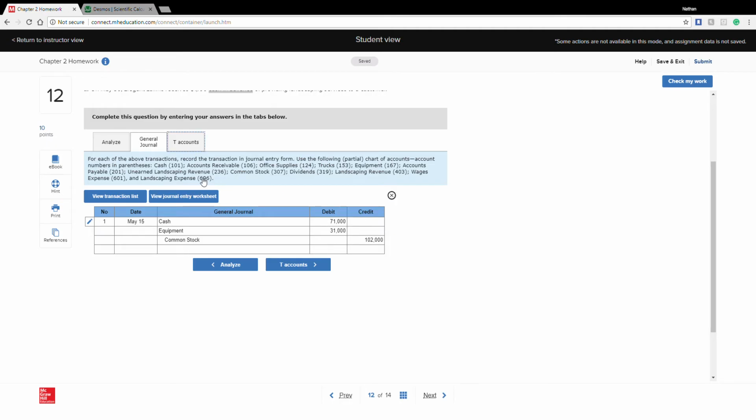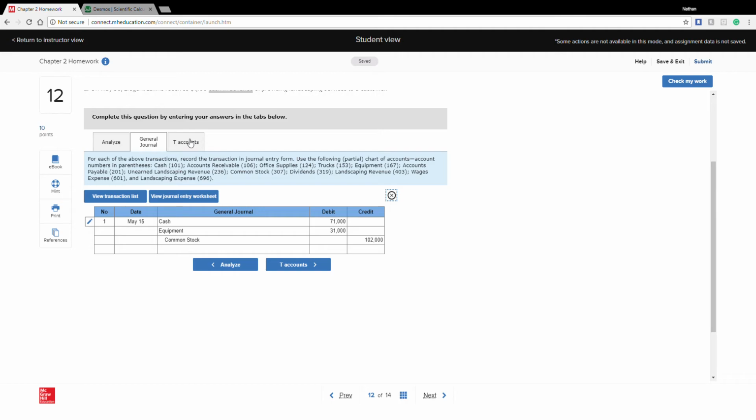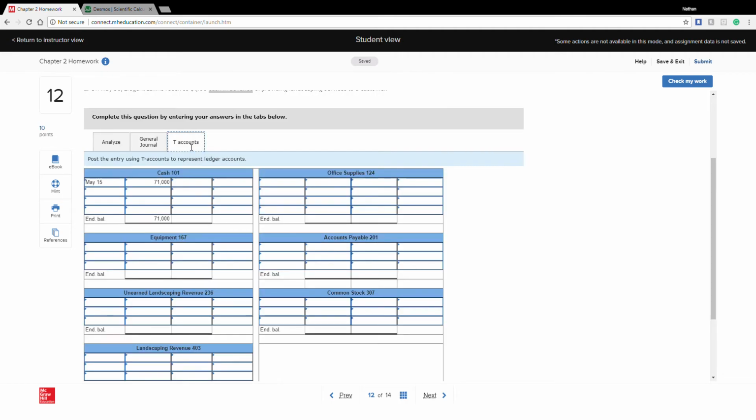71,000. So right here, here's my debit, here's my credit. Notice I have to put in the dates, depending on if it's credit or debit, as they will have drop-down menus on both sides. So I'll put 71,000. Next, I'll move on to the next account, which is equipment of 31,000.